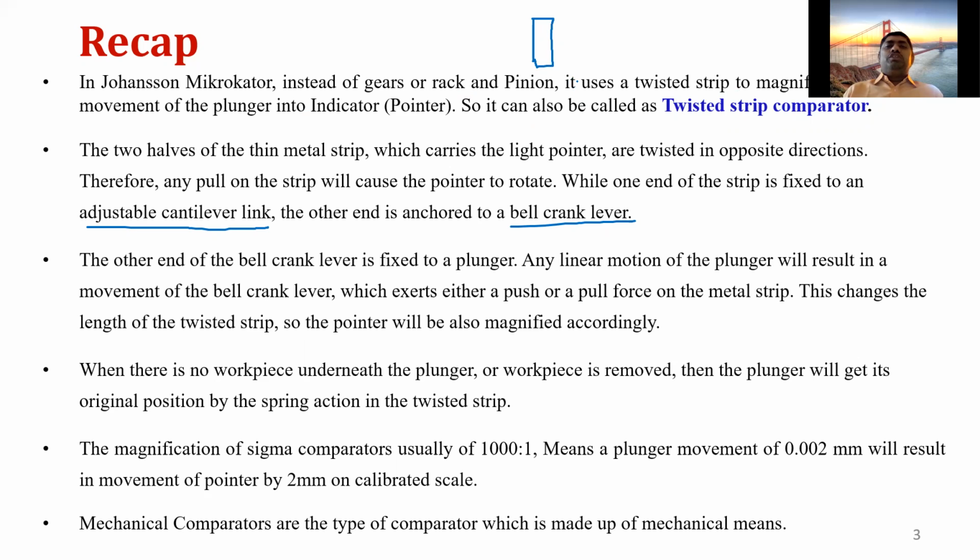This plunger moves through the slit washer. The slit washer provides frictionless movement to the plunger, and second, it prevents the rotation of the plunger about its own axis. And there are 2 S-shaped members which are connected by this slit washer.